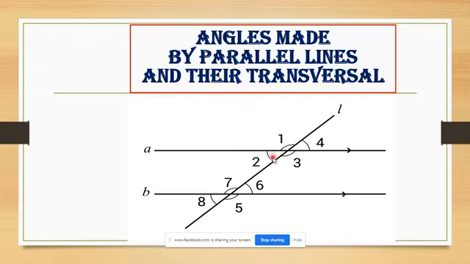This is known as a transversal. So, if we see carefully, there is formation of 8 angles here. This is angle 1, 2, 3, 4, 5, 6, 7 and 8, or you can name them in different ways. Okay.